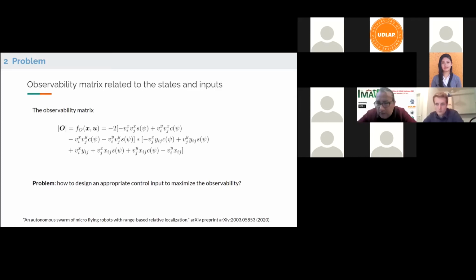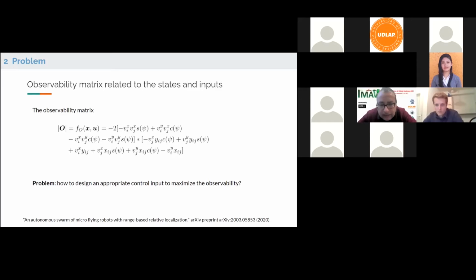We have another question. To run your optimization code, how much time do you need? You mean the convergence time?